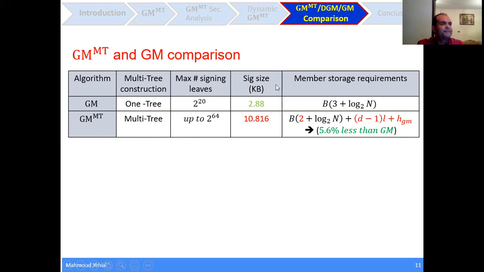And for the group member storage requirement, the design in our scheme achieves that the group member will require a storage that is less than the one used in the group Merkle by B signature elements, plus the signature that is used by the group manager to sign the cluster root.